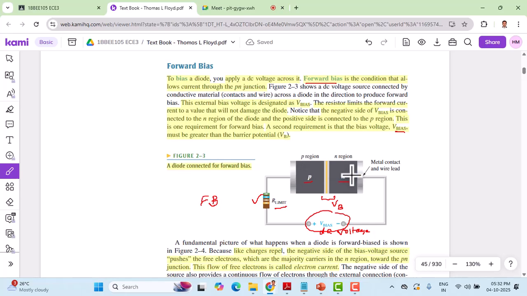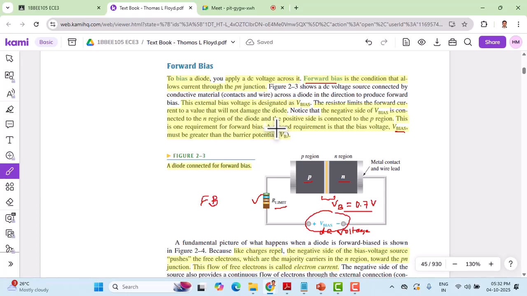Between the P and N junction there exists a barrier potential, an inbuilt voltage of typically 0.7 volt developed at equilibrium. So the V bias that we apply must be greater than this, otherwise the device won't conduct. This is labeled as VB.